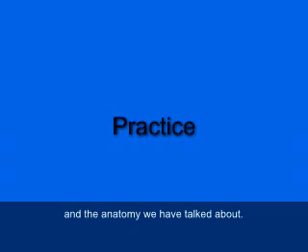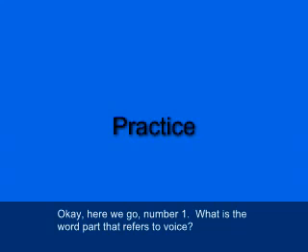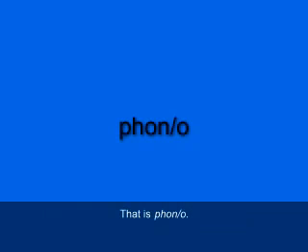Okay, but right now, we're going to go ahead and do some practice over these word parts and the anatomy that we've talked about. Okay, here we go. Number 1. What is the word part that refers to voice? That is phono, phon/o.